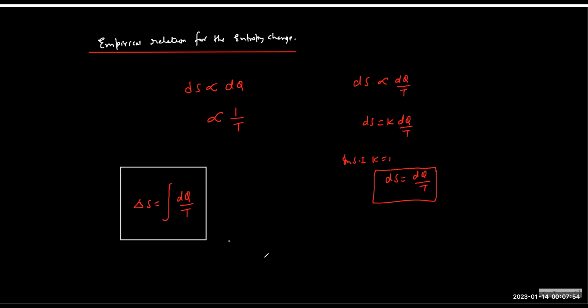Now our universe is constantly undergoing some changes, which is always increasing the entropy. So the entropy of the universe is always positive. Because when I say universe, can we take the universe as a system? Yes.